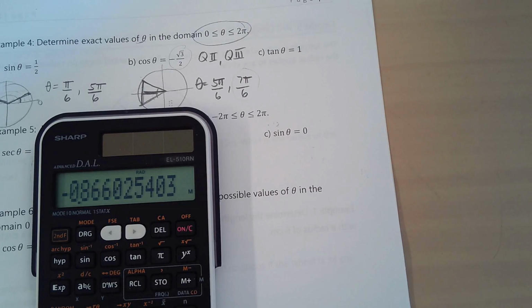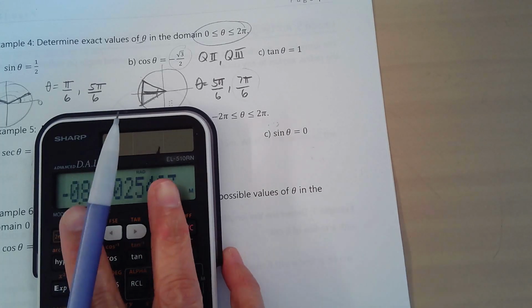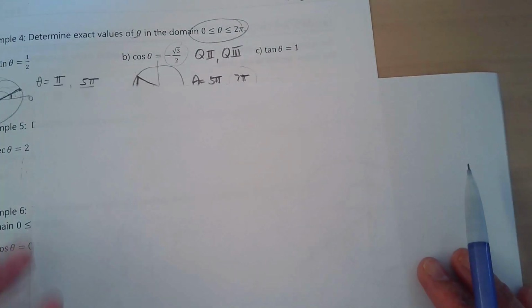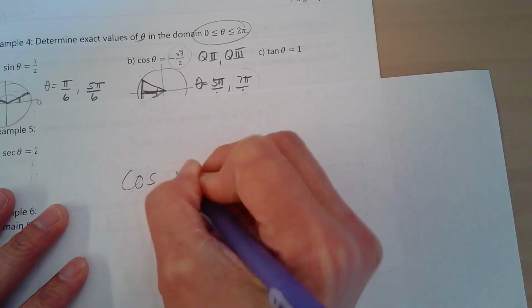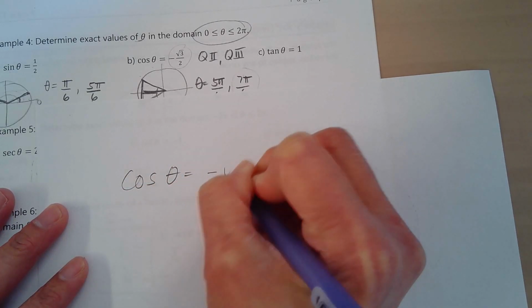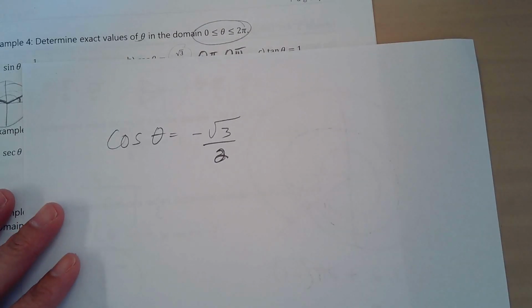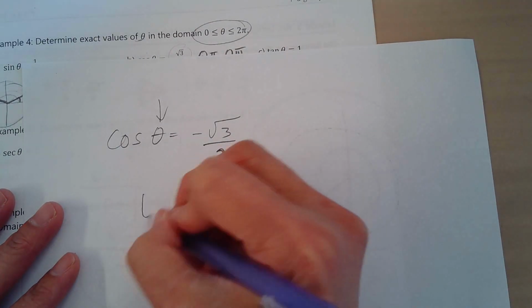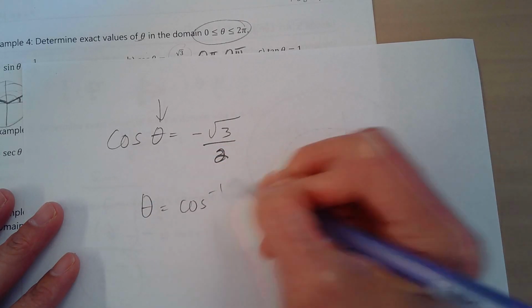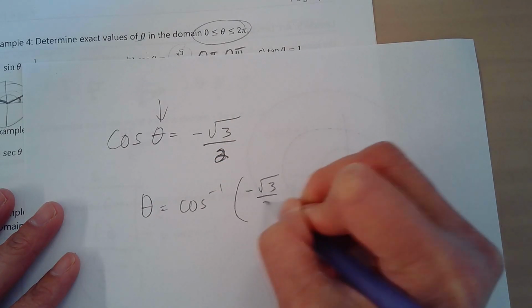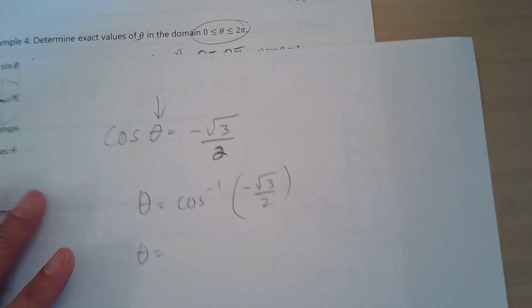Could you have used your calculator to figure it out? Any other possibilities? Any other ideas on how you can solve for theta? How do we solve for theta? Inverse. So we can go cos inverse of negative root 3 over 2. Well, they give us an exact value.